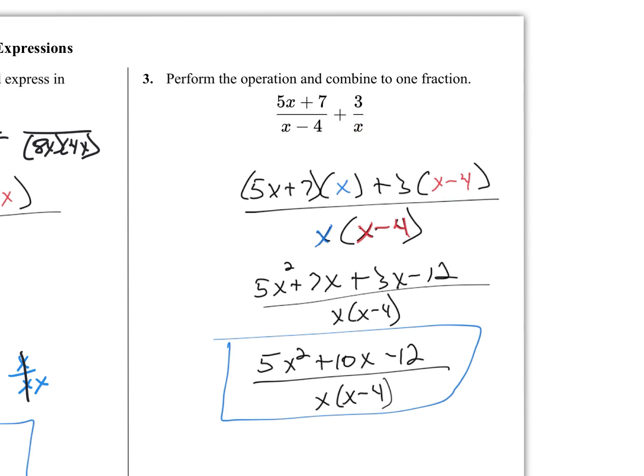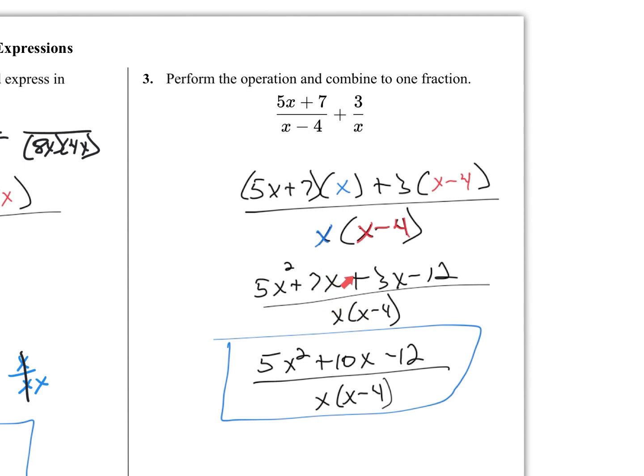Now, we're multiplying x times 5x, that's where we get 5x squared, and then x times 7, that's our plus 7x. And then plus 3 times x is 3x, and then plus 3 times negative 4 is negative 12, all over x times x minus 4.